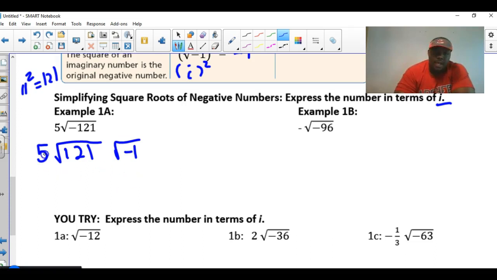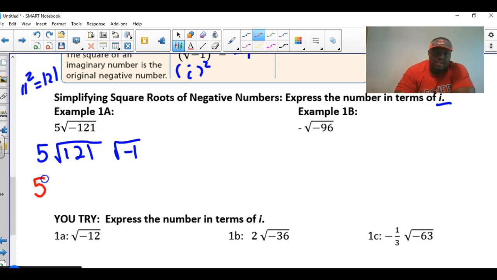Okay, again 5, which is right here, and then I factor this radical, the square root of 121 times the square root of -1. Okay, so now I have a square root that I can actually solve. The square root of 121 is 11. Okay, it is 11.